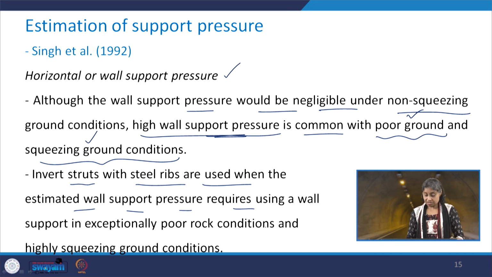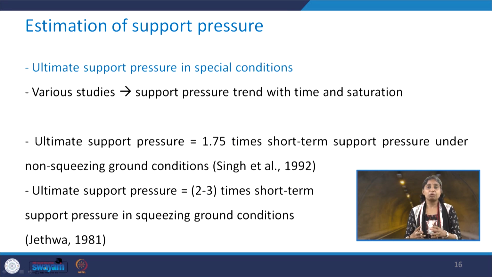For such situations, you are going to have large wall support pressure, and therefore one should go for invert struts with steel ribs. Now we have some special conditions for which one needs to see how we should get the ultimate support pressure.